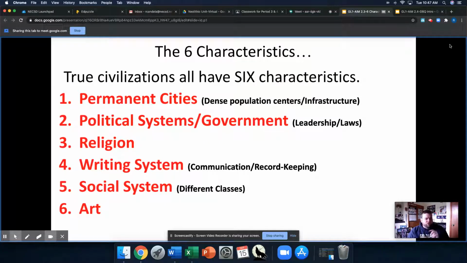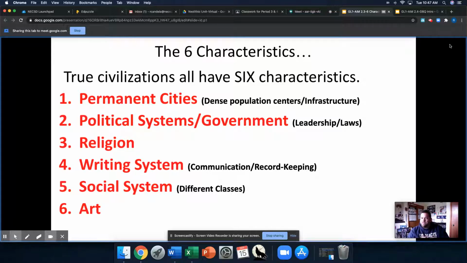A social system. So, are there different classes? How are those classes of people separated? Is it ruling class and everyone else? Is it the rich and the poor? Whatever distinctions they're making between classes of people. But typically in a true civilization, you see different classes or some kind of social system. And last but not least, art. Every civilization should have some element of art.